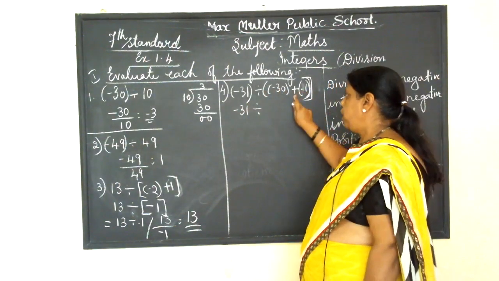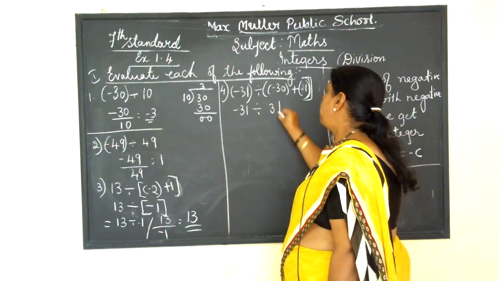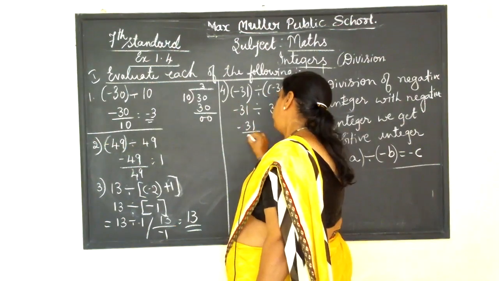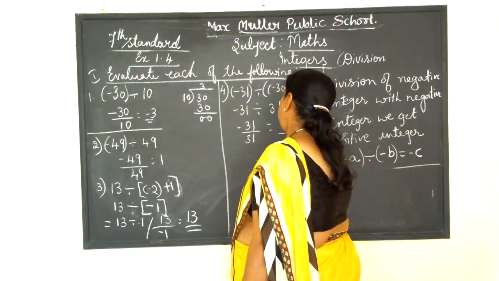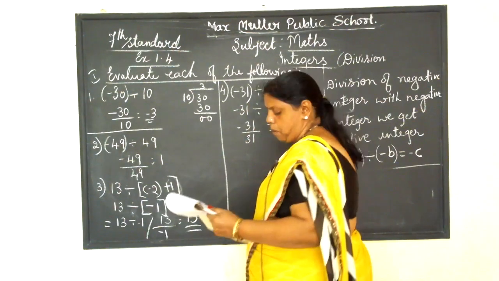We added together is positive, so 31. So, minus 31 divided by 31, you get 1 as answer.